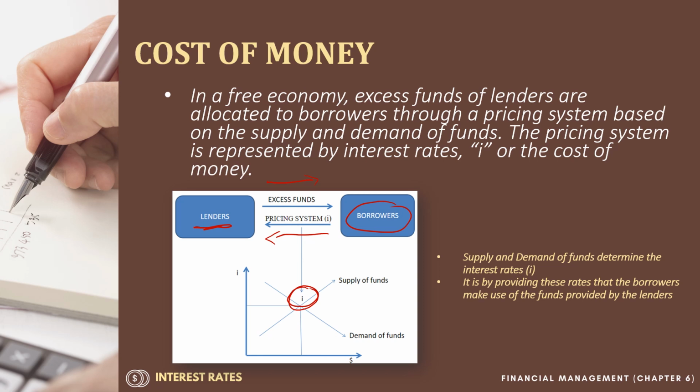Here, the supply and demand of funds determines the interest rates. Okay, now the pricing system is represented by the interest rates or the cost of money. By paying these rates, the borrowers make use of funds provided by the lenders.